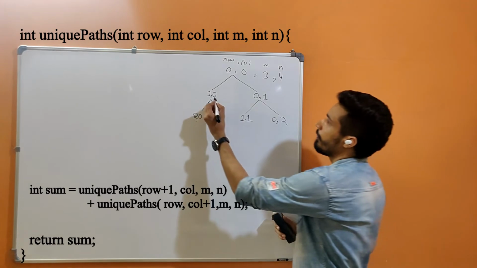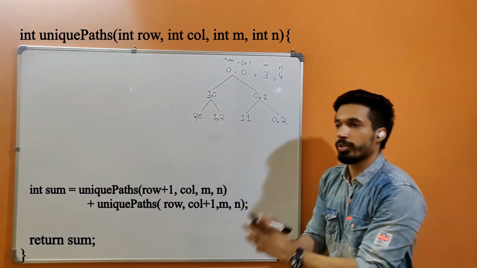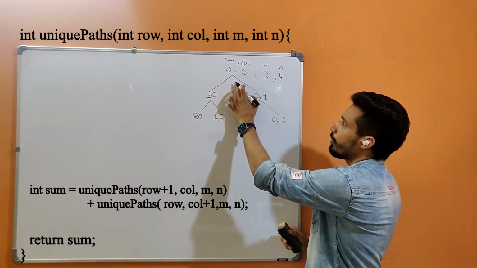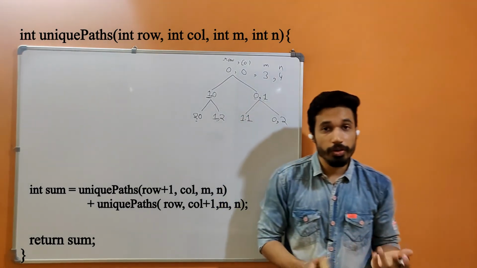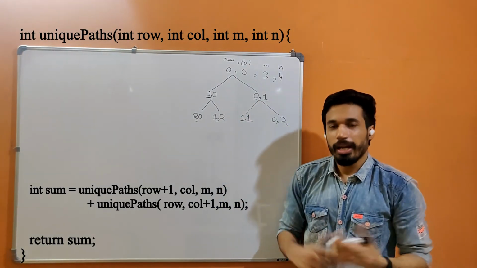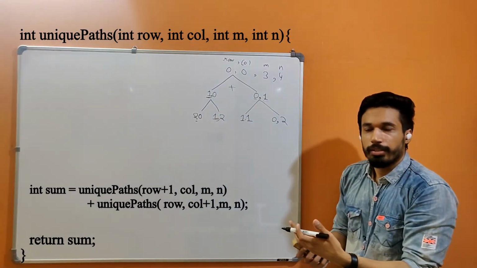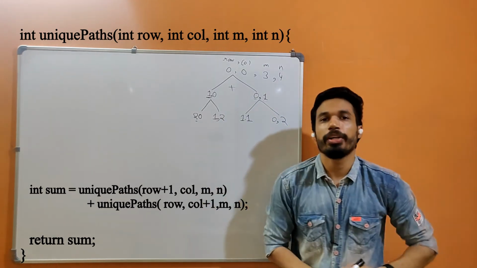Here we are incrementing the row every time we go towards the down and keep the column as it is, and if we want to go towards the left, we keep the row as it is and increment the column. That's what we are doing in the code, and eventually we need to add the sum of both the paths, right? So that's exactly what we are doing here.